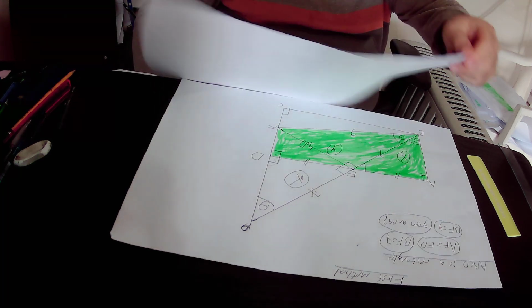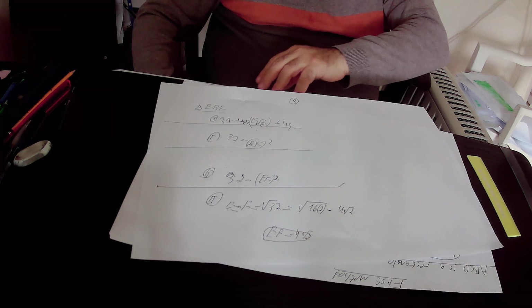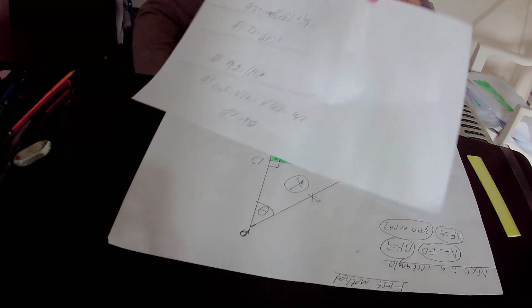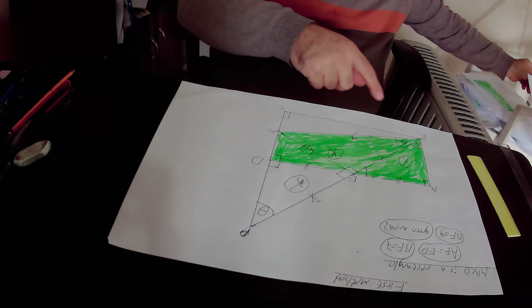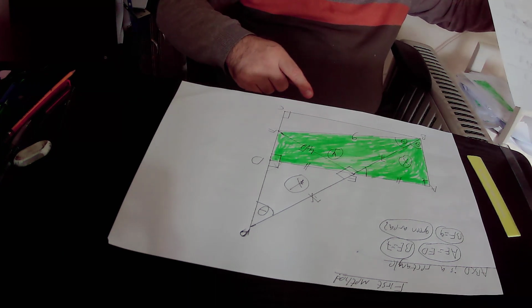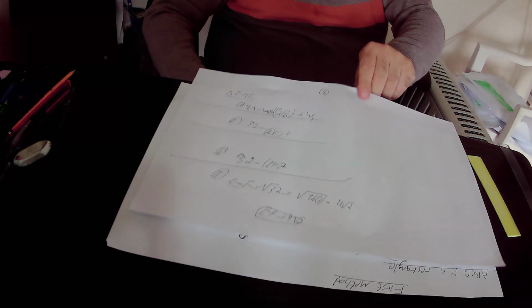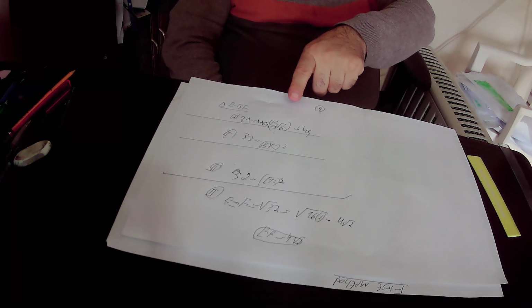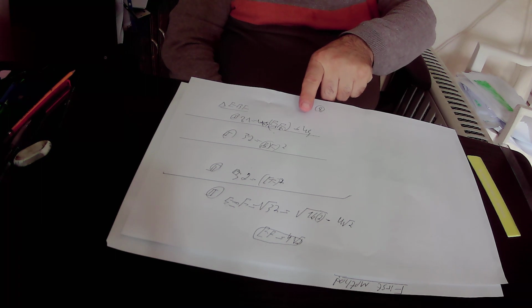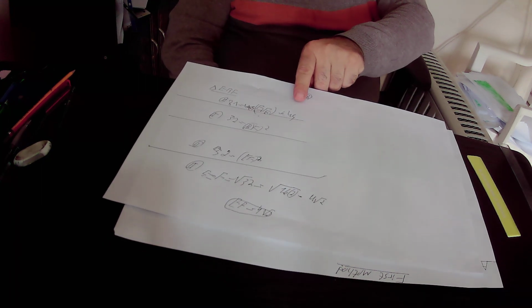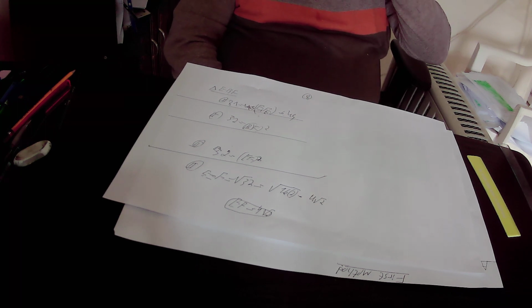According to the Pythagorean theorem, the square of the hypotenuse equals the sum of the squares of the legs. So BF squared, 81, equals BE squared plus EF squared.